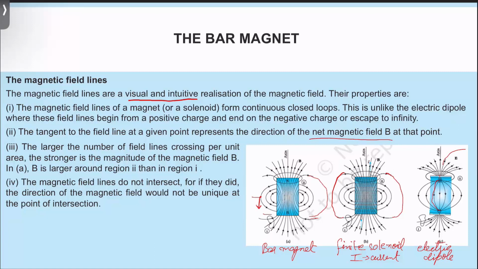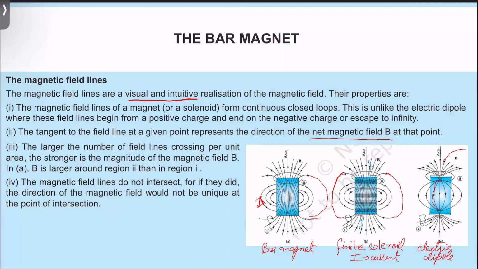You can resolve it into two components. So this tangent is the net magnetic field at every point on the given field line.